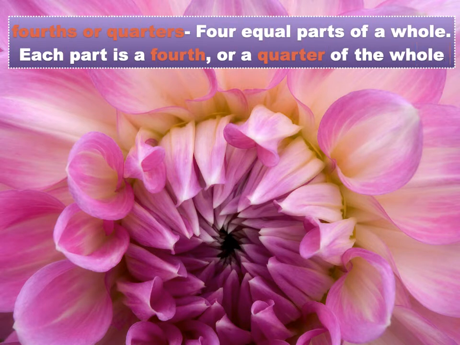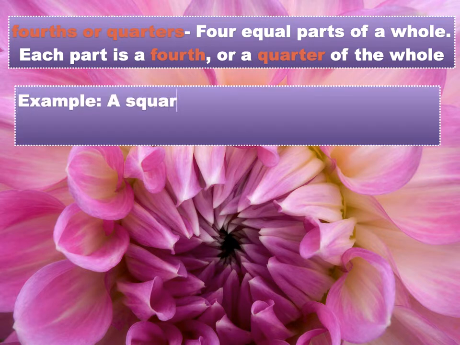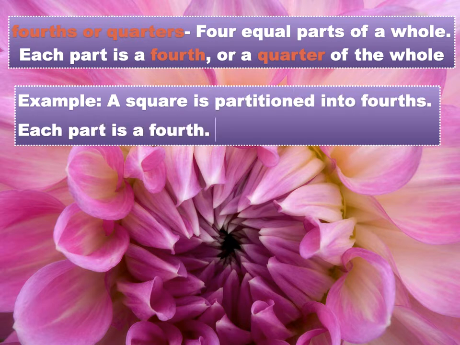Fourths or quarters are the 4 equal parts of a whole, and each part is a fourth, or a quarter of the whole. To illustrate, an example is given for you. A square is partitioned into fourths.